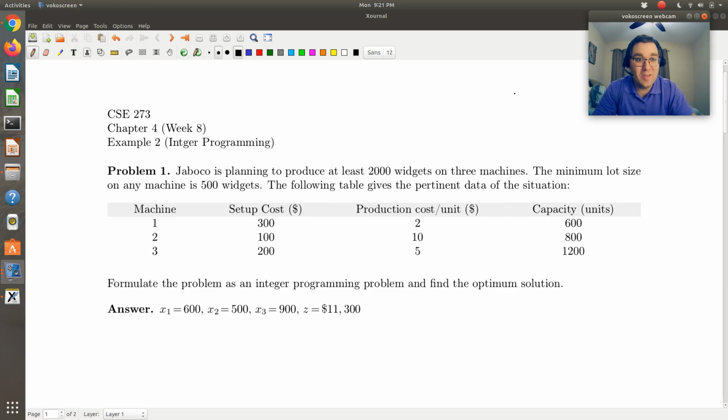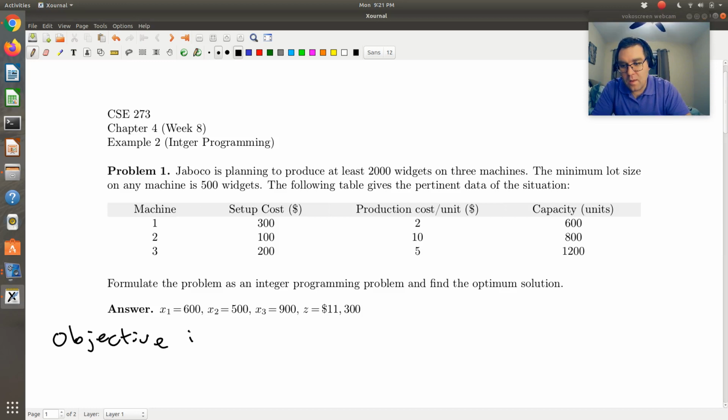Alright, so this seems like a fun one, and it's just going to be a matter of going step by step. Okay, so what's my ultimate goal going to be? My objective is going to be to minimize our cost.